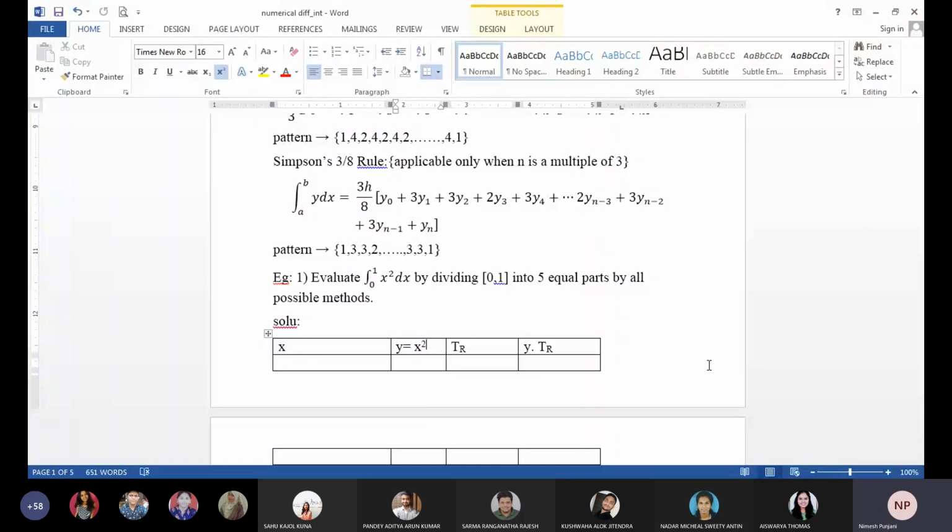See, this is one of the favorite questions for your descriptive, by all possible methods, because here the student has to take a call on which method will be applicable.